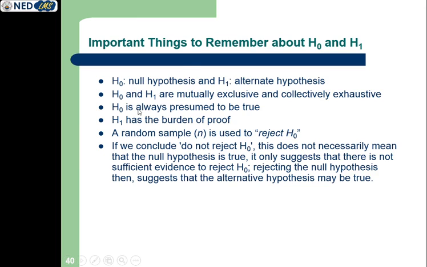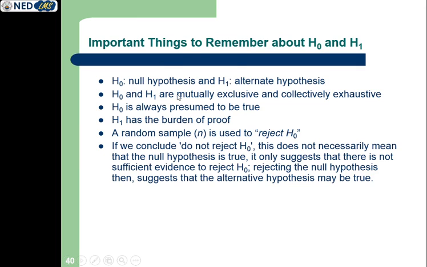If anybody says the null hypothesis is equal to this, then you can say that this is true by default. The alternative hypothesis H1 carries the burden of proof in order to reject the null hypothesis. If we are going to reject the null hypothesis, the alternative must be proved.